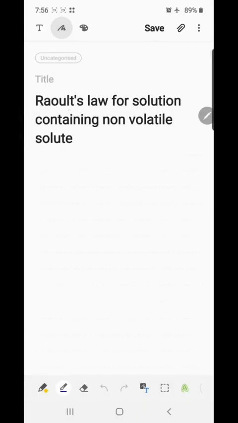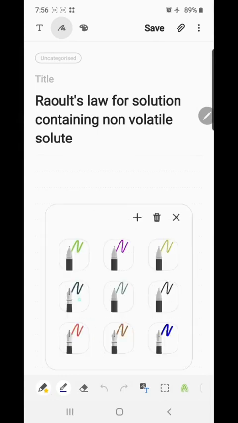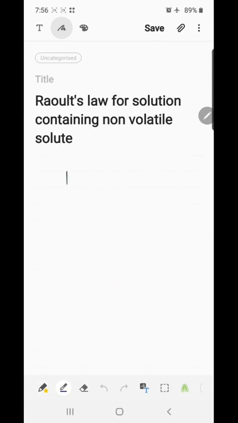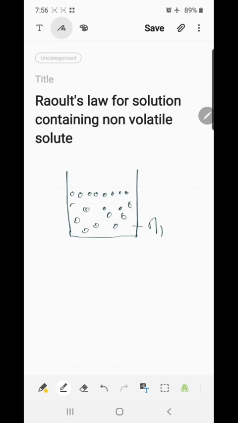Okay, Raoult's law for solution containing non-volatile solute. So we have already discussed a beaker containing N1 moles of solvent, and the solvent is a volatile solvent. We put the lid.